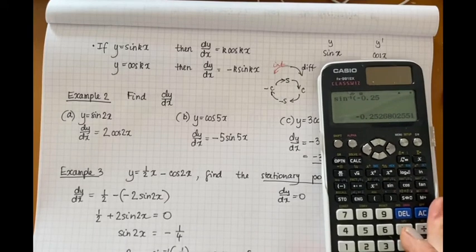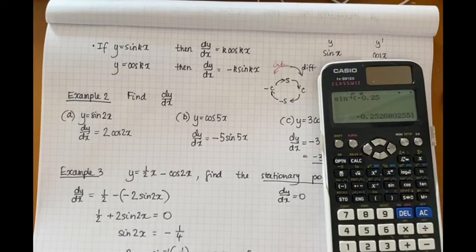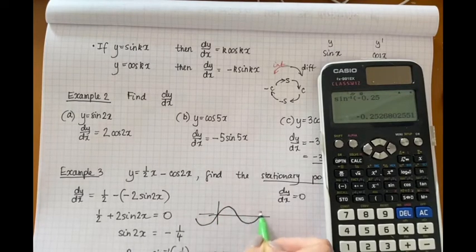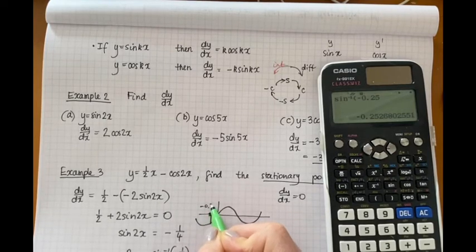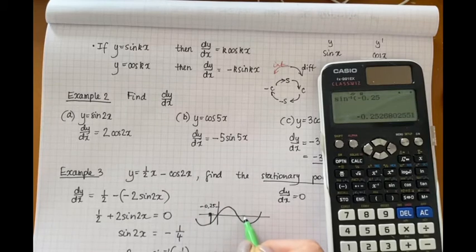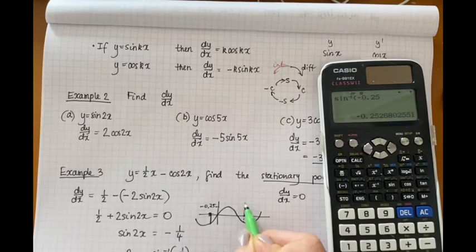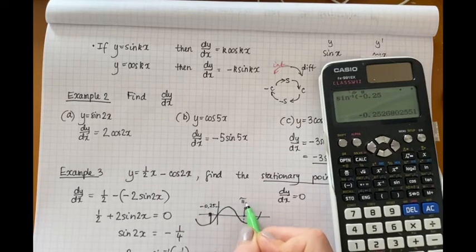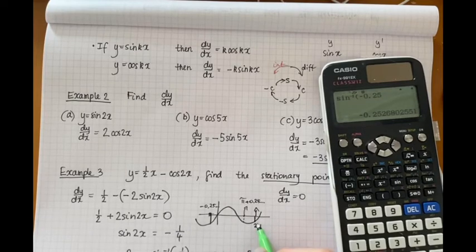Now let's find the other solutions. If you remember, for the sine graph, if this is my minus 0.25, then this one here is going to be pi plus 0.25, and this one here is going to be 2 pi minus 0.25.